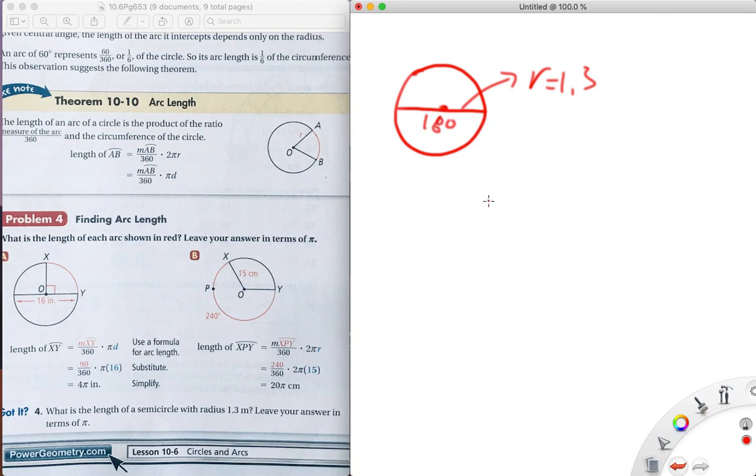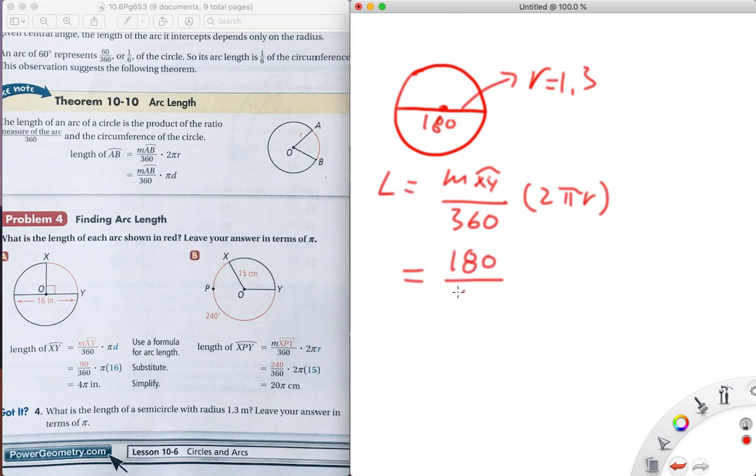So when I set it up, the arc length is equal to the measurement in degrees, xy over 360 times 2 pi r. Since I know it's a semicircle, it's 180 degrees over 360, times 2 pi, and I know the radius is 1.3.